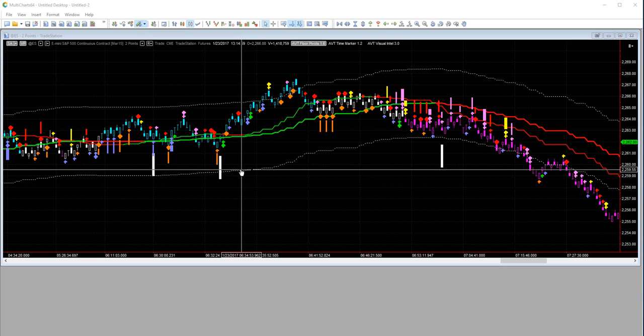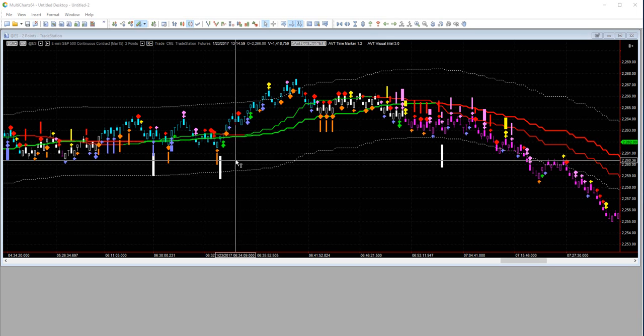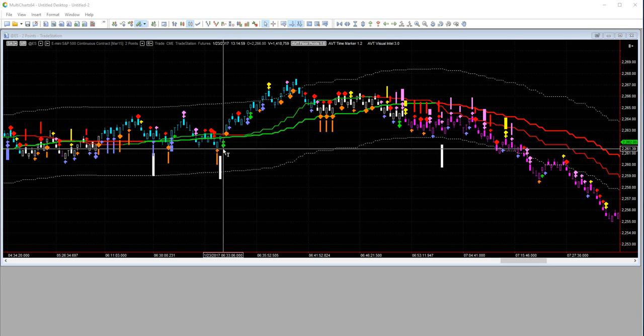So let's go through the definitions. There are 3 different colors in each direction. So therefore there is a total of 6 different colors. And there's a couple of new things as well for you to learn. As before, green indicates the lowest ratio of buying to selling that's going on.